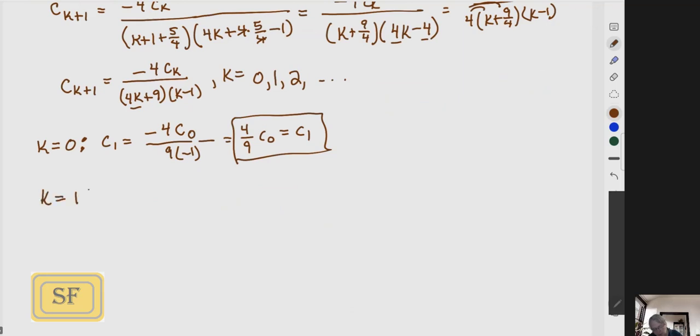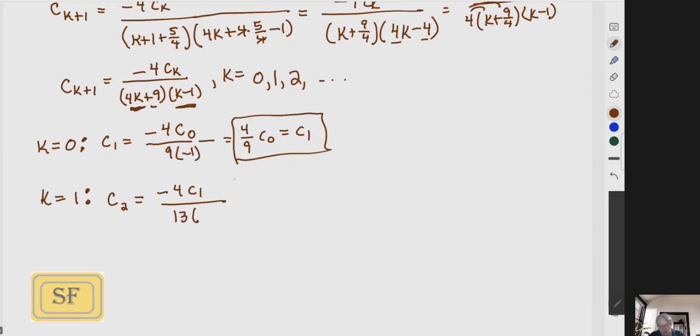When k is 1, I get C sub 2 equals -4 C sub 1 divided by, let's see, k is 1, so this is 4 plus 9 is 13. Uh-oh.